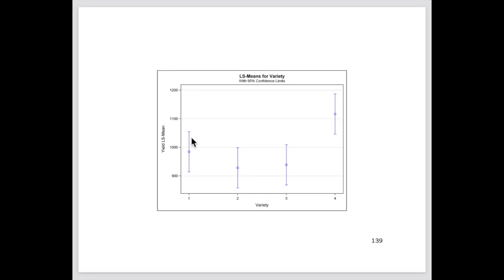And the thinking is that if the confidence intervals don't overlap, then we would conclude that the population means are different. But they would also say that if the confidence intervals do overlap, then we cannot reject the null hypothesis that the population means are the same. We cannot conclude that the population means differ.